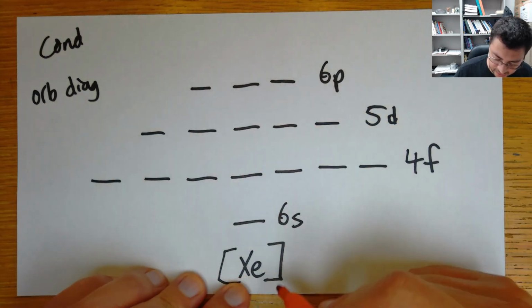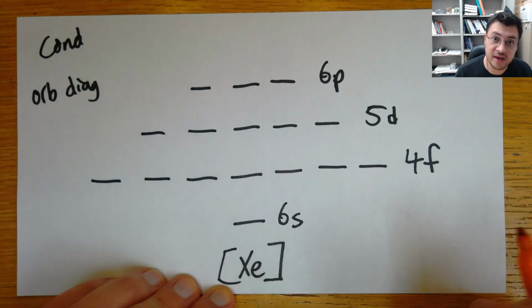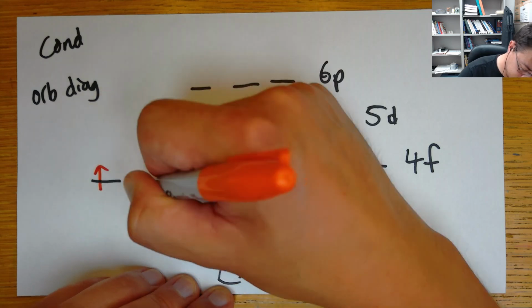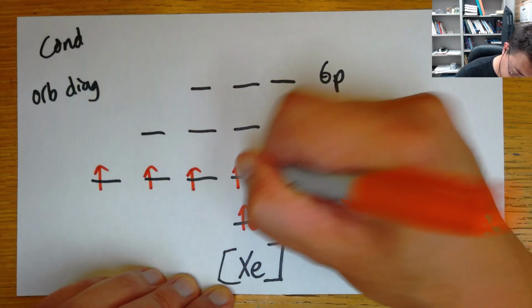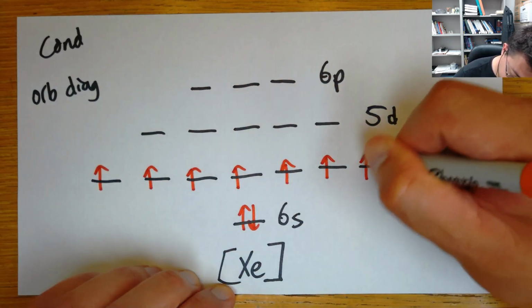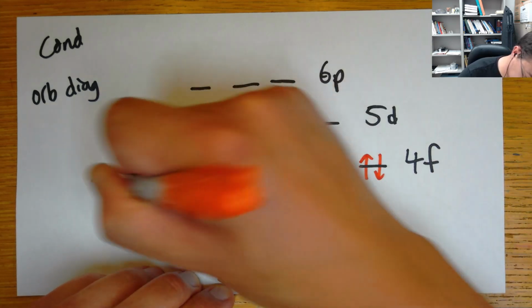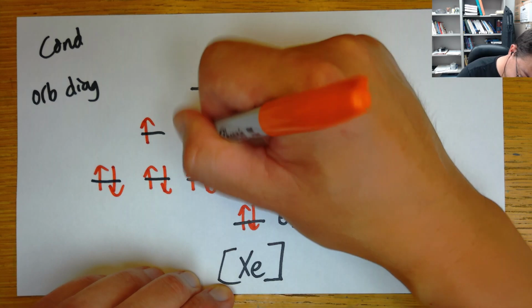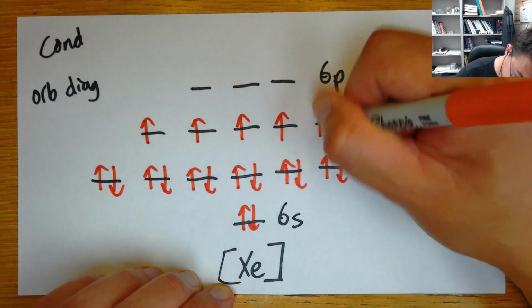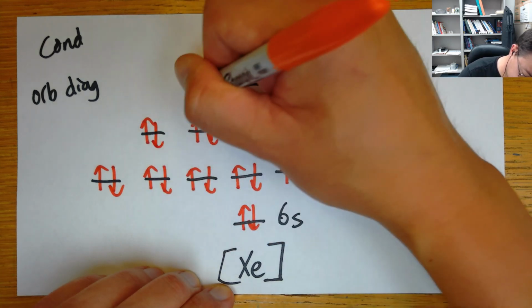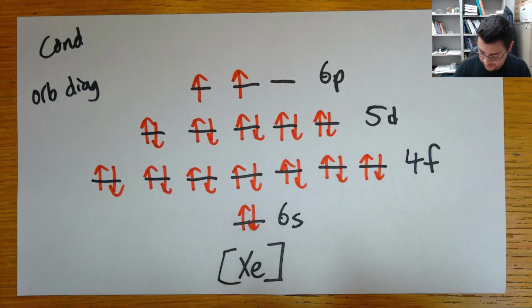All right, we're at 54 with xenon, so we have to hit 82. 55, 56, 70, 80, 81, 82.